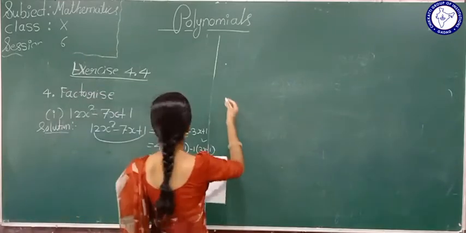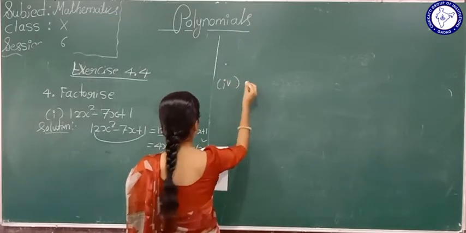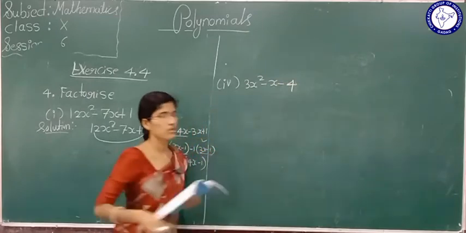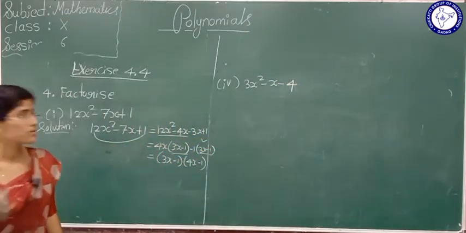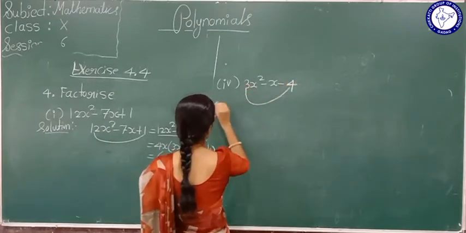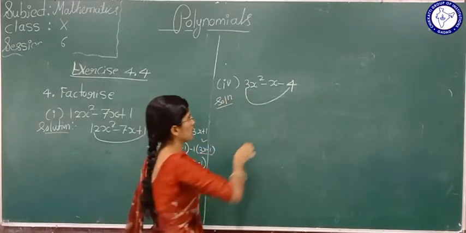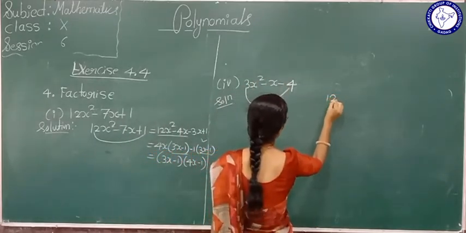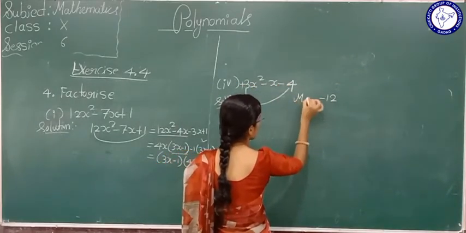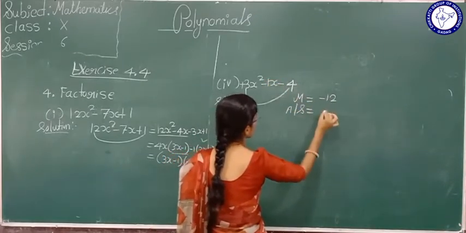Now here we will see the fourth one, 3x square minus x minus 4. See here, multiply first and last. We'll go directly by the splitting method only, it will be easier. 4 3s are 12. Here minus is there, here plus is there, plus minus minus. If you multiply, minus 12 should come. If you add or subtract, minus 1 should come.